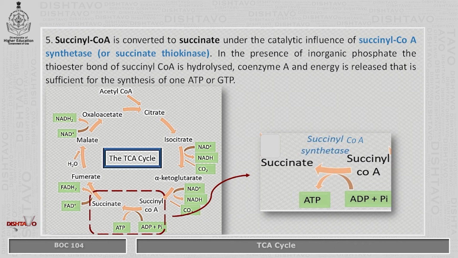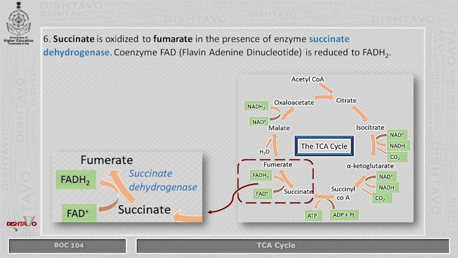Coenzyme A is released, and the energy released is sufficient for the synthesis of 1 ATP or GTP. Succinate is further oxidized to form fumarate in the presence of the enzyme succinate dehydrogenase. Coenzyme FAD is reduced to form FADH2.